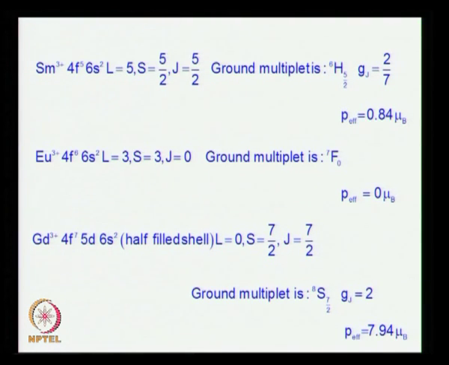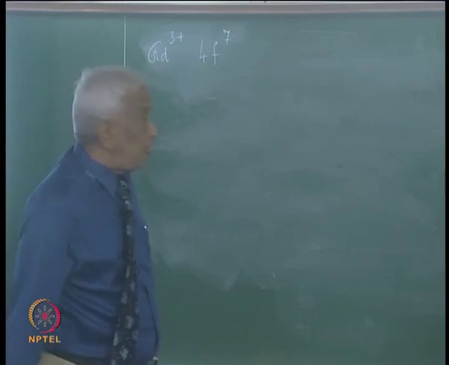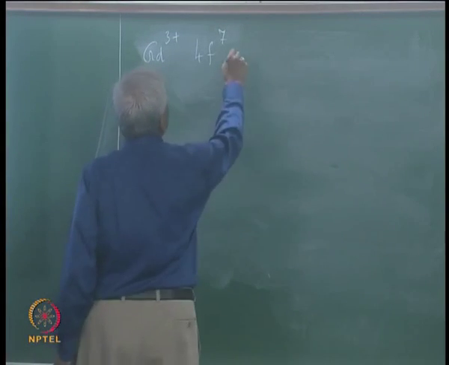Next we have gadolinium 3 plus, which has 7 electrons in the 4f shell, which can accommodate a total of 14 electrons. So, this is a half filled shell.